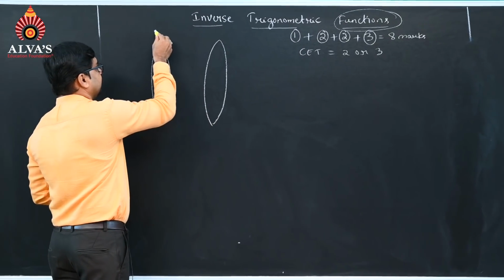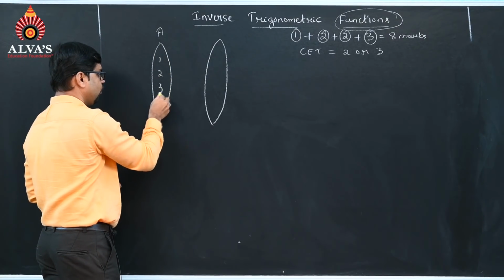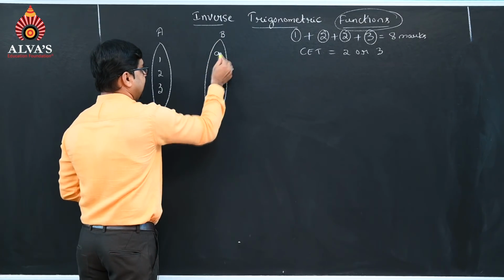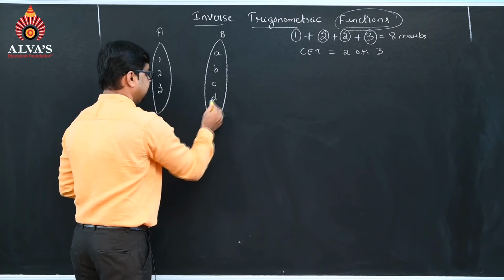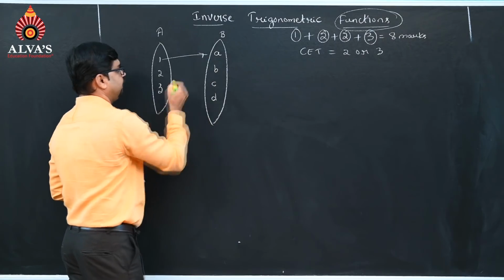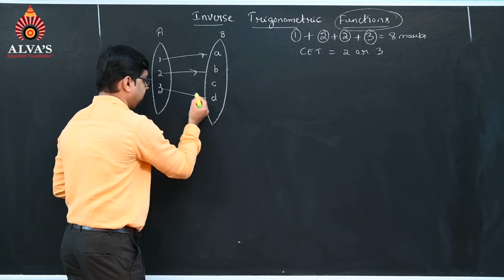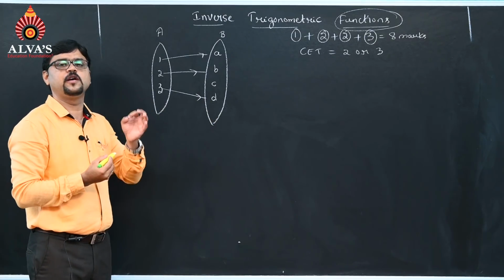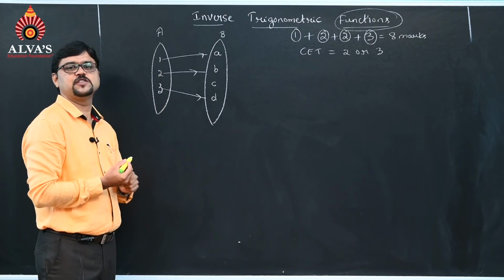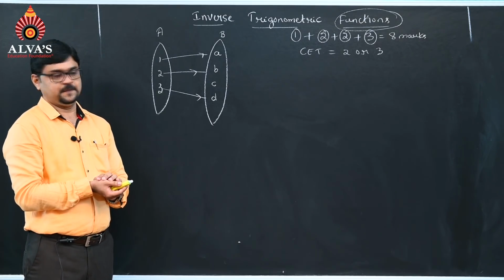For example, if I take set A containing 1, 2, 3, and set B containing the elements a, b, c, d. Suppose 1 maps to a, 2 maps to b, and 3 maps to d. Now clearly it is a function because all the elements of A have unique images in B.